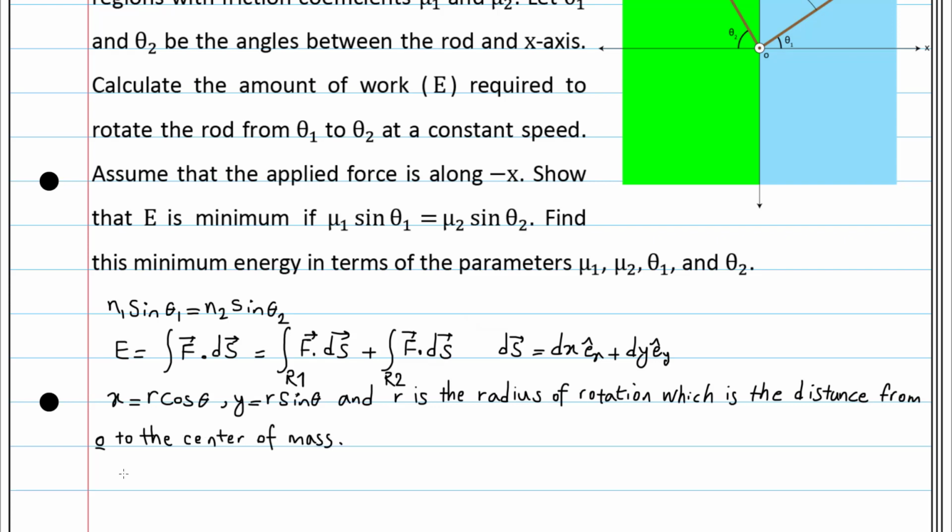The force vector has two different values in region 1 and region 2. It is given by F equals minus mu1 n e hat x in R1 and minus mu2 n e hat x in R2, because R1 and R2 have different friction coefficients.